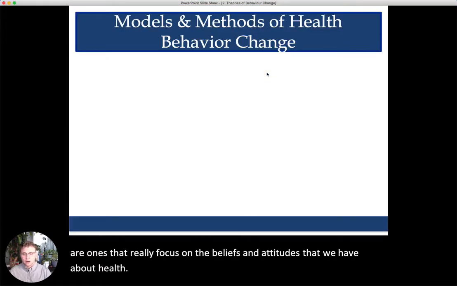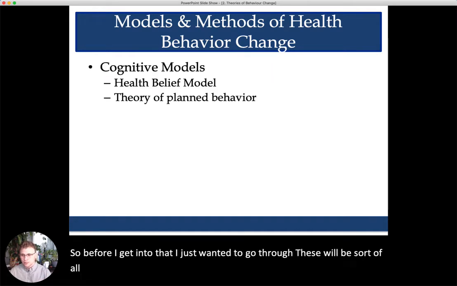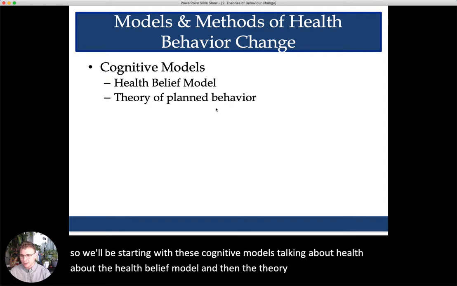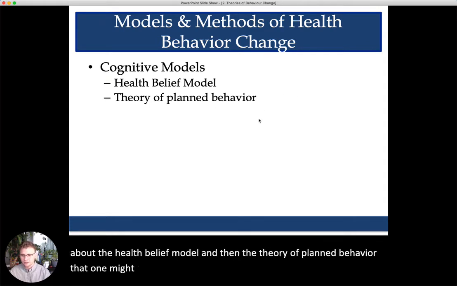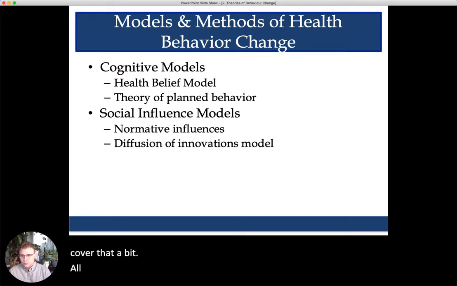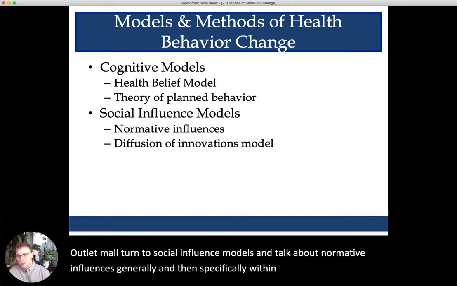Before I get into that, I just wanted to go through all of the ones that we'll cover in these next few sections. We'll be starting with these cognitive models, talking about the health belief model, and then the theory of planned behavior. That one might ring a bell if you've taken other courses, and we'll cover that a bit. Then we'll turn to social influence models and talk about normative influences generally, and then specifically within the diffusion of innovations model.